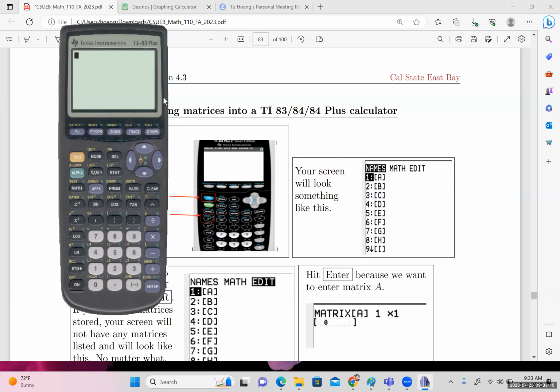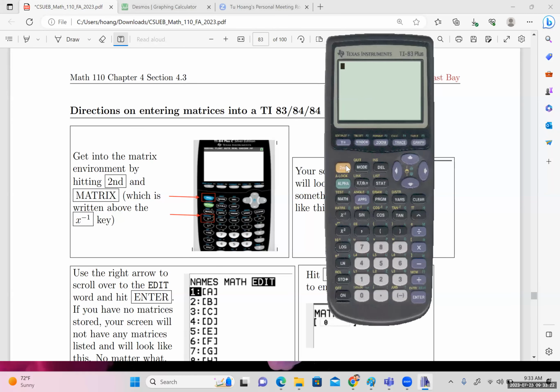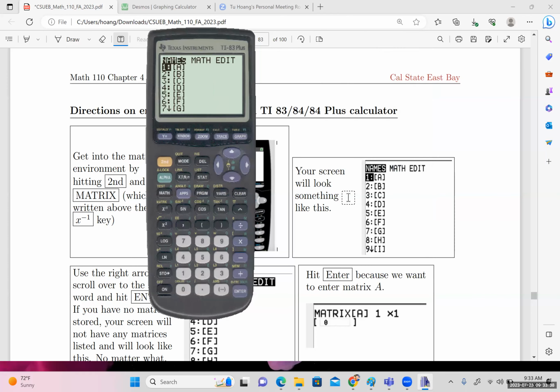Okay, so here's my TI-83 Plus. They say I need to click second and then matrix, which is above the x to the power negative 1 key here. Click on that, and then you will see the screen look something like this.